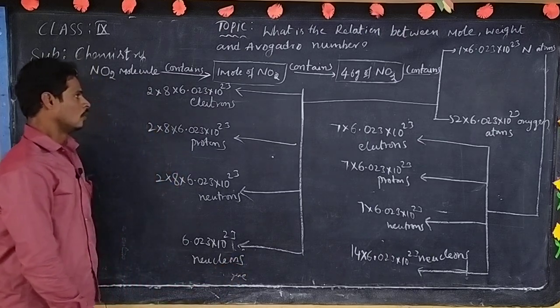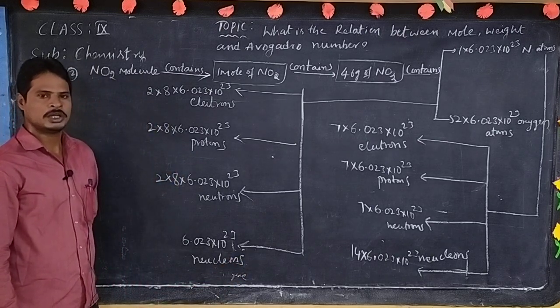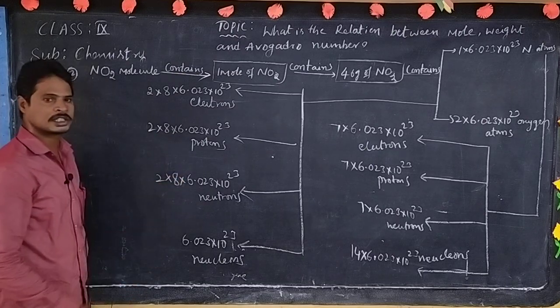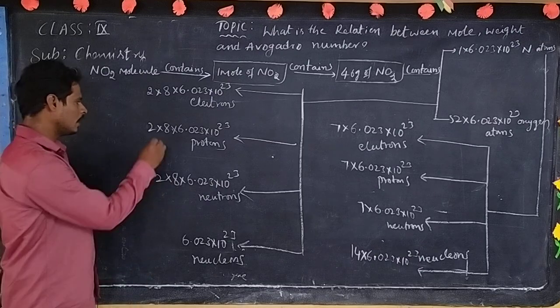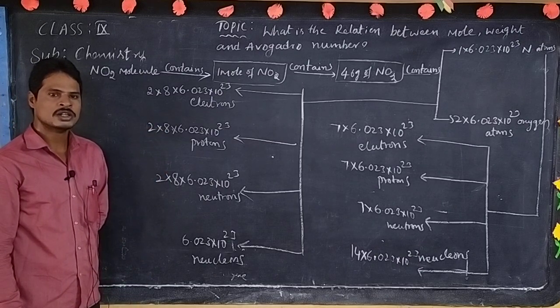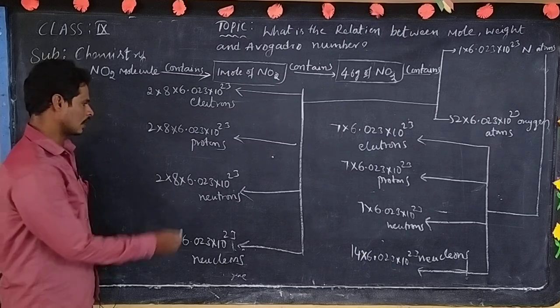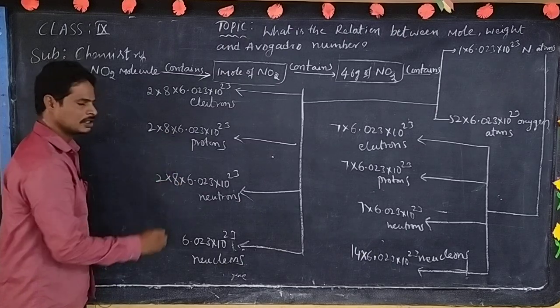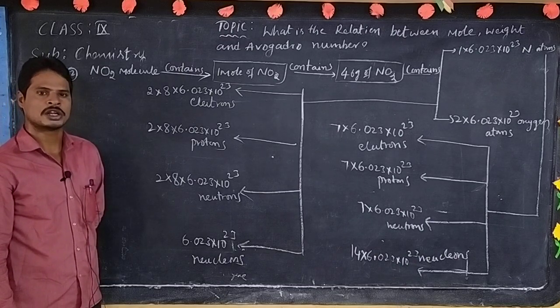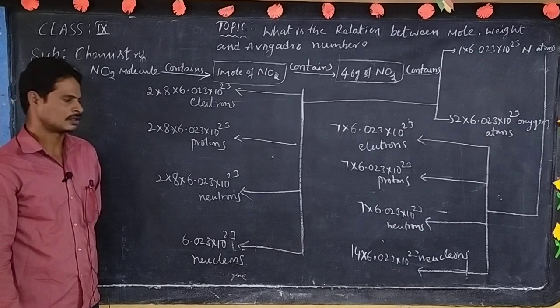But one oxygen contains how many nucleons? 8 plus 8, 16. But here how many oxygens are there? 2 oxygens. One oxygen contains the sum of protons and neutrons, 8 plus 8, 16. 2 oxygens means 16 into 2, 32 nucleons.